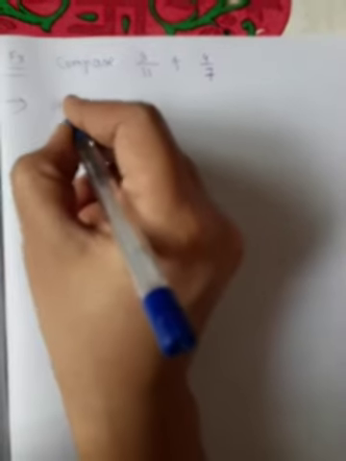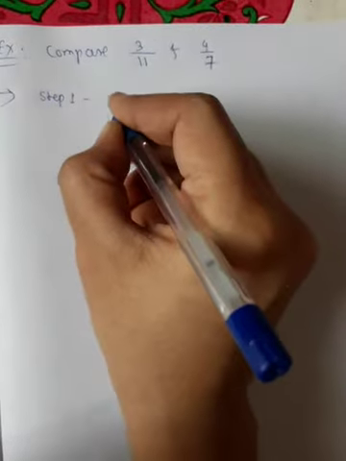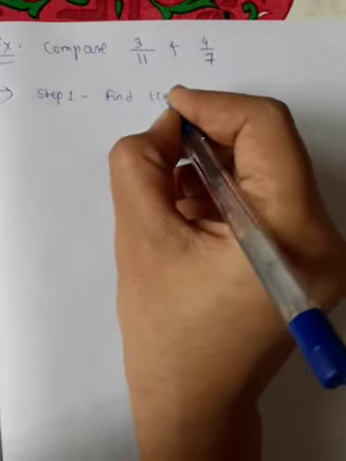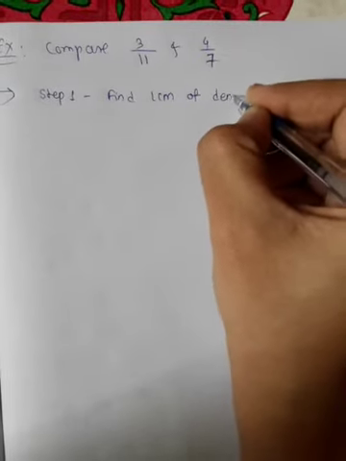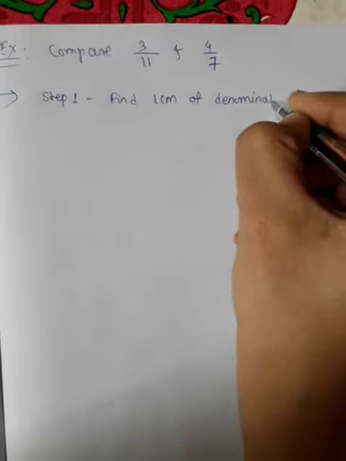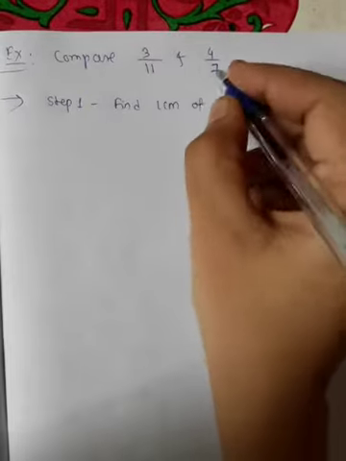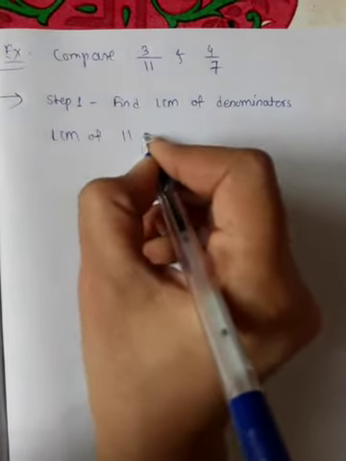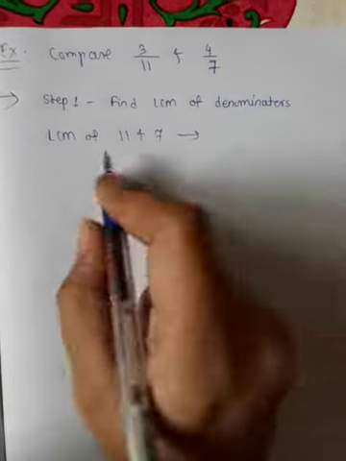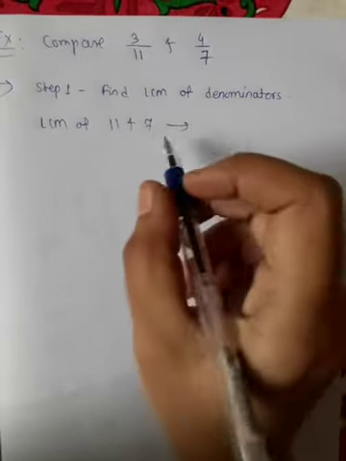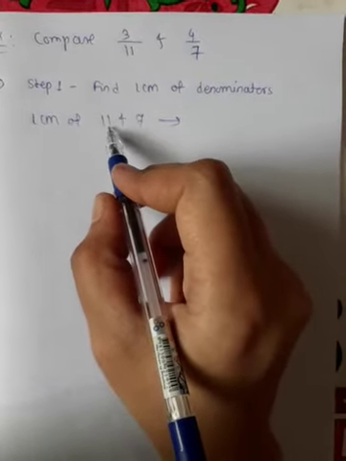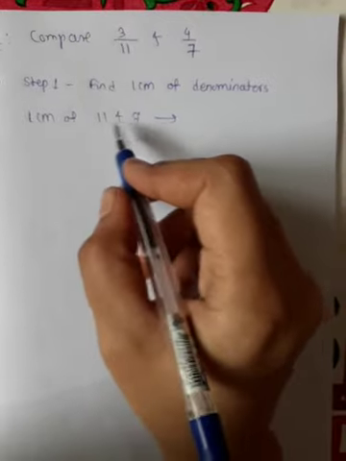The first step is to find the LCM of the denominators. Here the denominators are 11 and 7. We know 11 and 7 are co-prime numbers, and the LCM of co-prime numbers is their product.